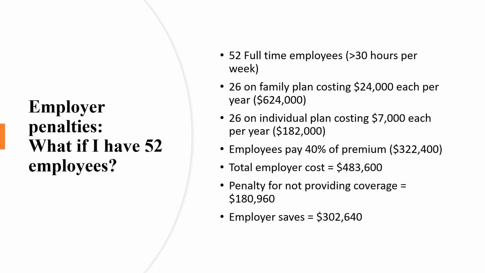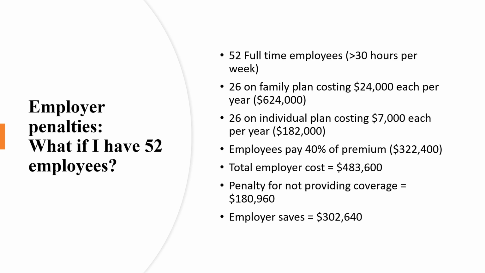And let's just pretend that we have an employer with 52 employees. They're all working greater than 30 hours per week. They have half on a family plan, half on an individual plan. And this employer, he's cheap. He's only providing a plan that meets the 60% of the actuarial value, and just kind of going down, the total employer cost would be roughly $483,600.